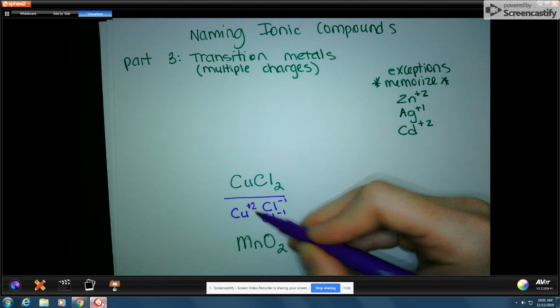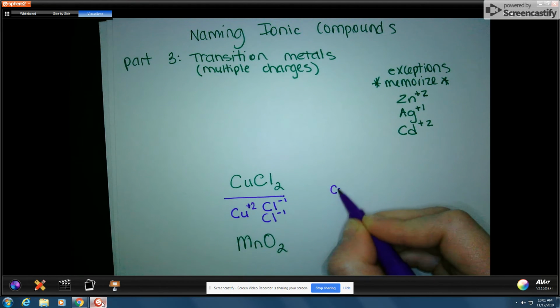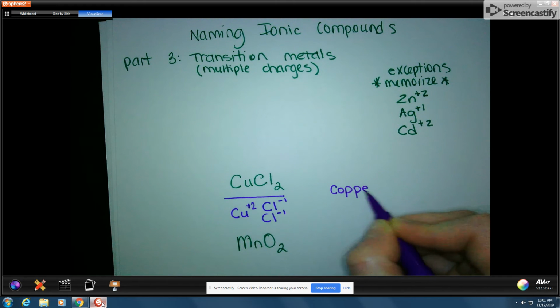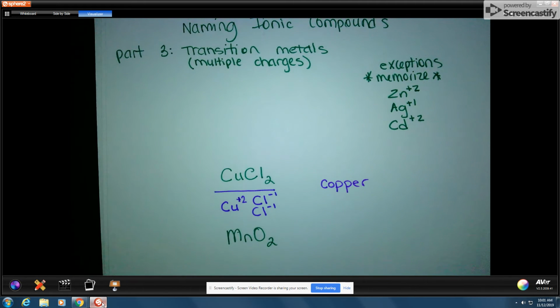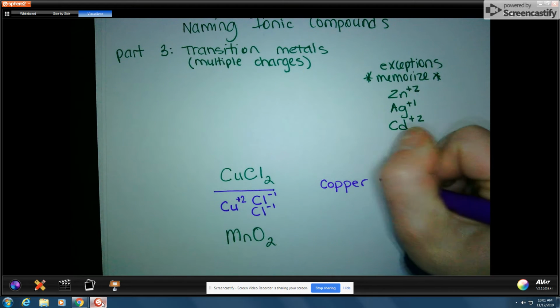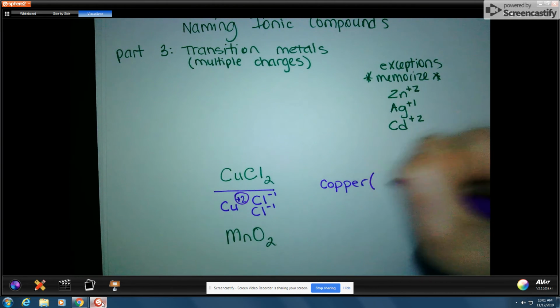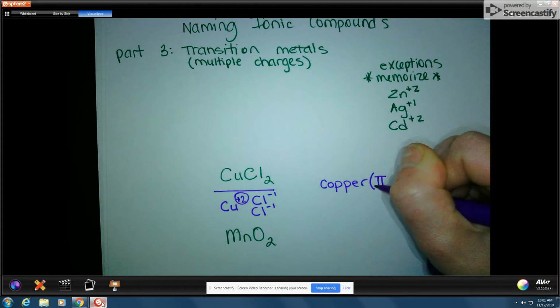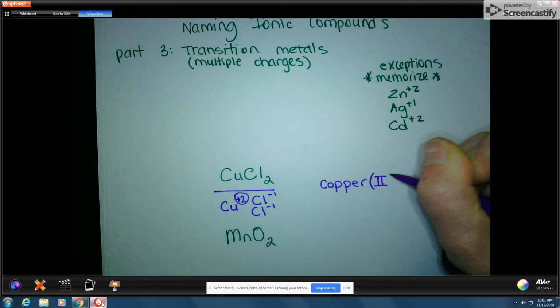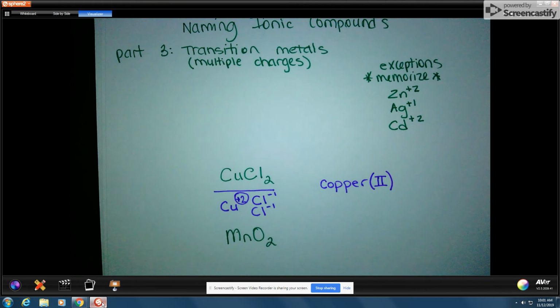That charge we have to show in our name. So we write copper, Cu, we write the word copper. And the only thing that we do differently for transition metals is we have to put the charge in Roman numerals following the metal. So the charge is 2. To write Roman numerals for that, it looks like that. And we close our parentheses, and then we name it like normal.